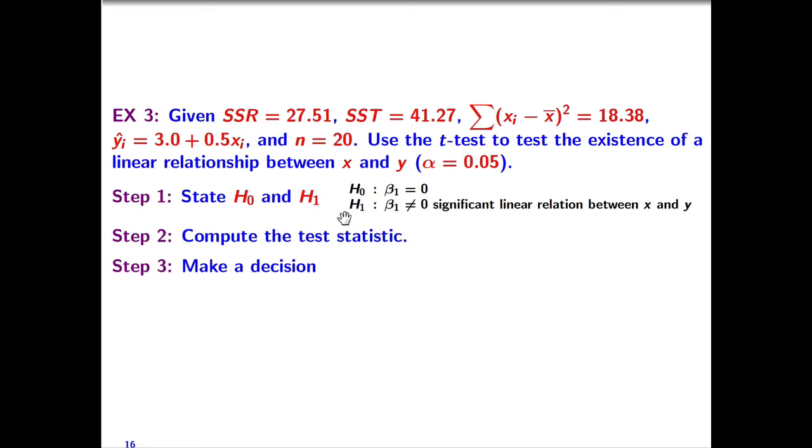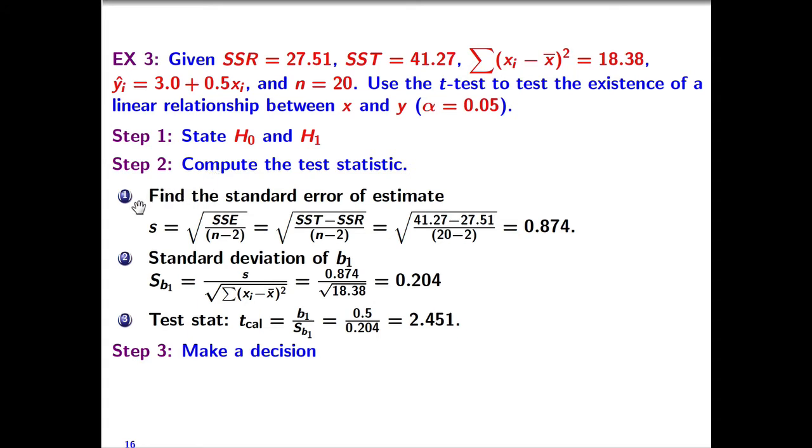So we use the claim on H1, which is beta 1 not equal to 0, to establish a significant linear relationship between x and y. And H0, beta 1 equals 0. Notice this is a two-tailed test. Step number 2, compute the test statistic.